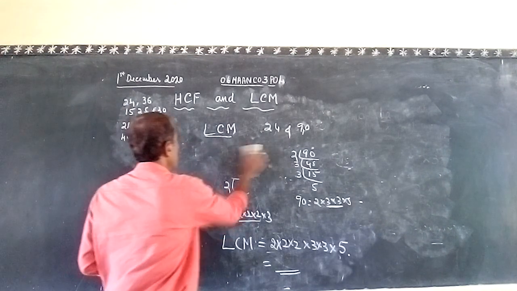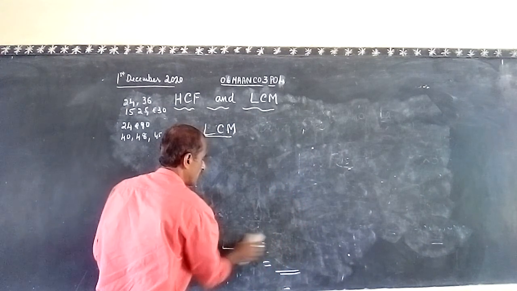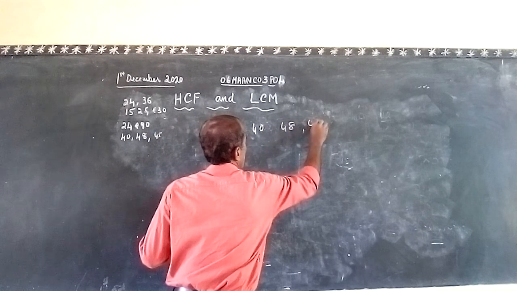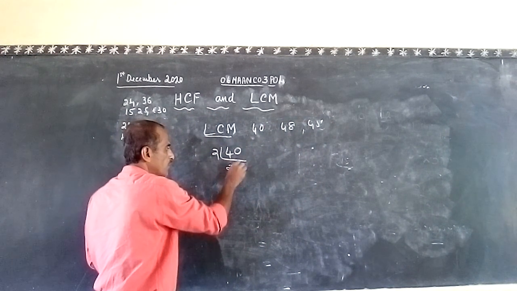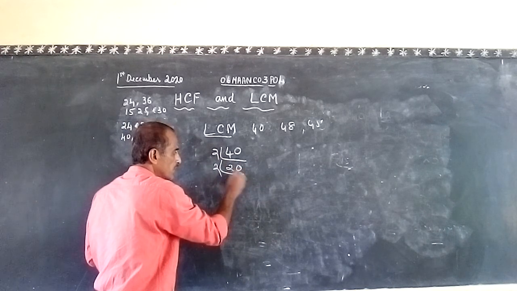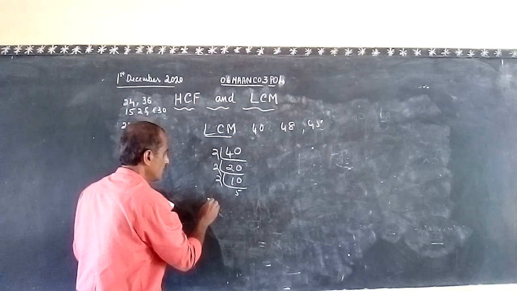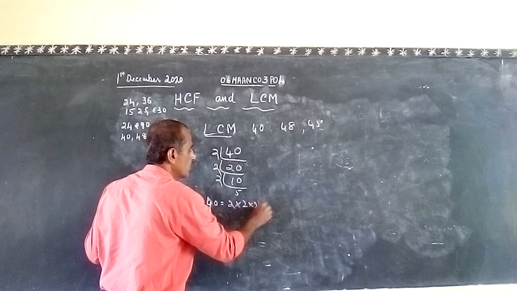Okay. In the same way, let us take another example. Suppose 3 numbers are there like this. What is the LCM of 40, 48 and 45? 40: 2 20s are 40, 2 10s are 20, 2 5s are 10. That finished. So 40 is equal to 2 into 2 into 2 into 5.